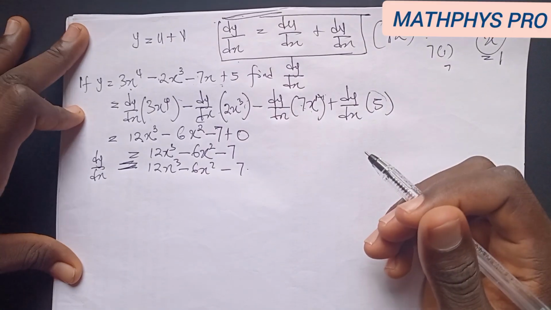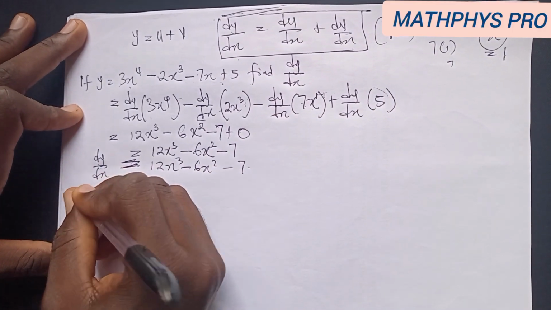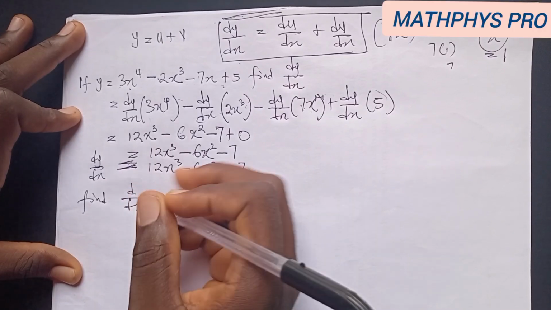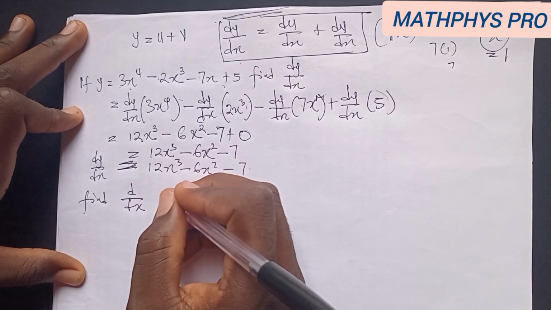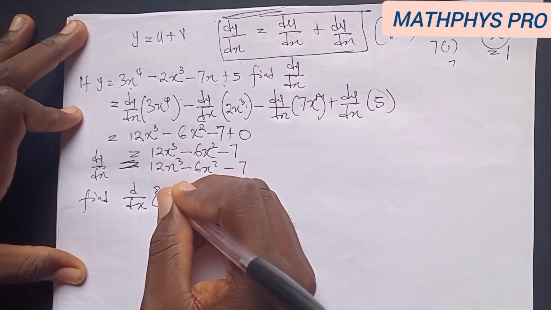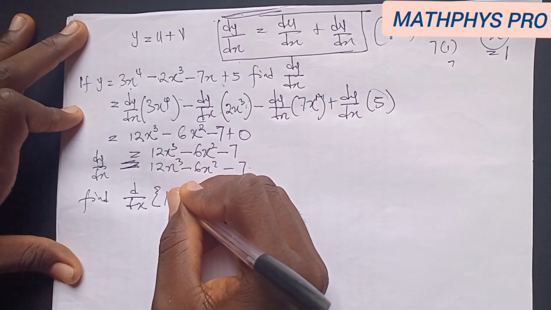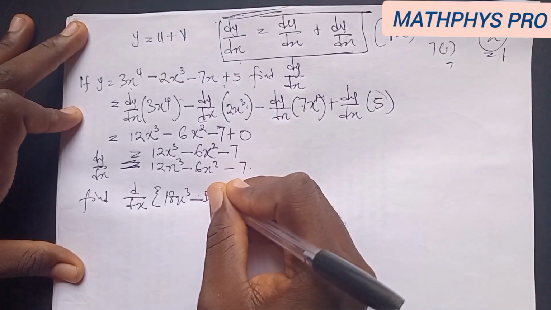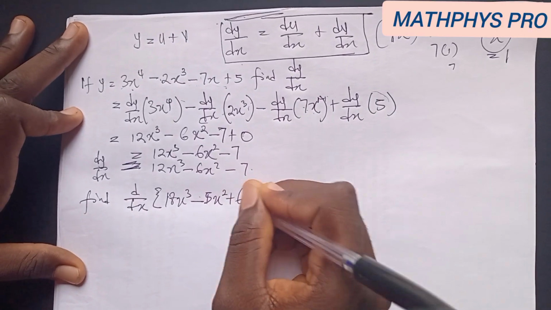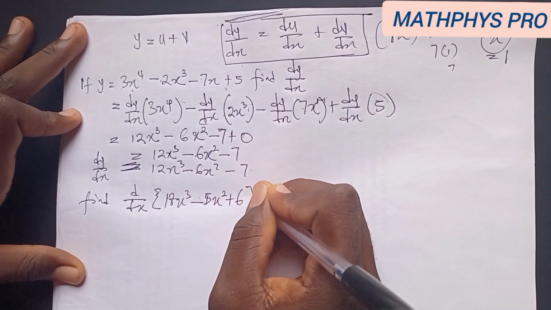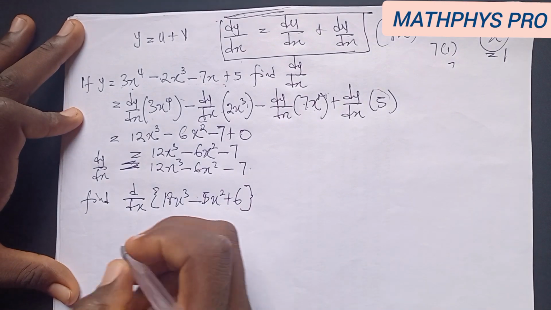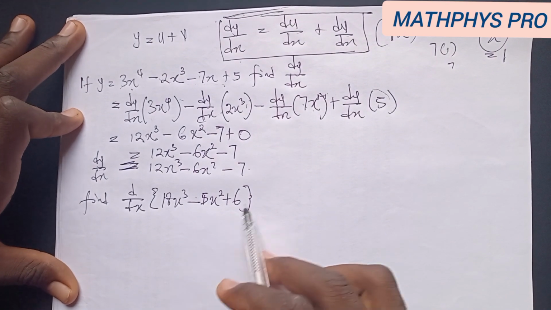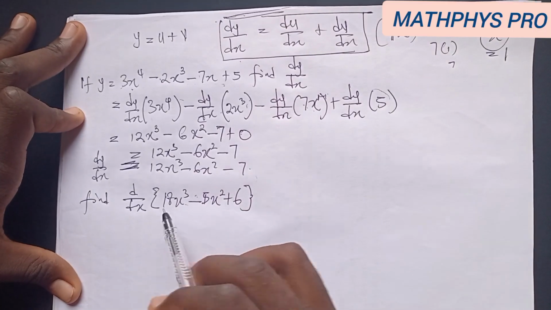Now let's attempt another question that says: find the derivative of this polynomial, 18x raised to the power 3 minus 5x raised to the power 2 plus 6. So we can look for the derivative of each term inside this bracket.